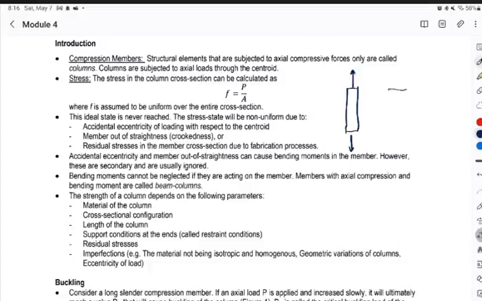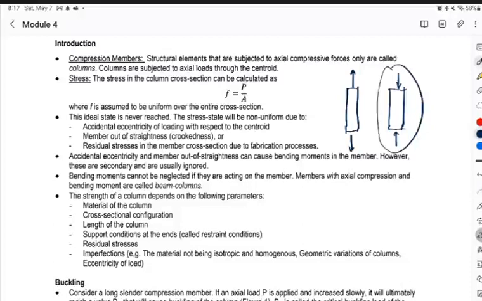Compression is the stress or force that tends to contract, or compress, our structural member.